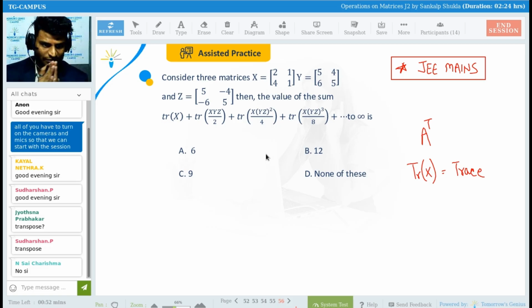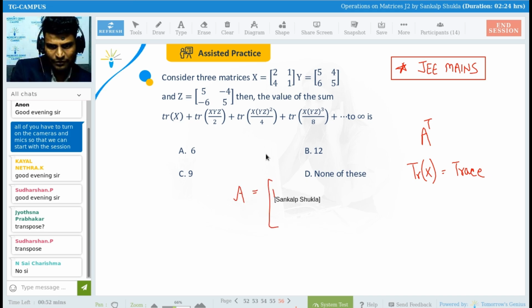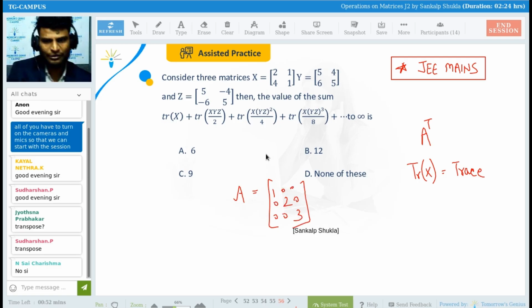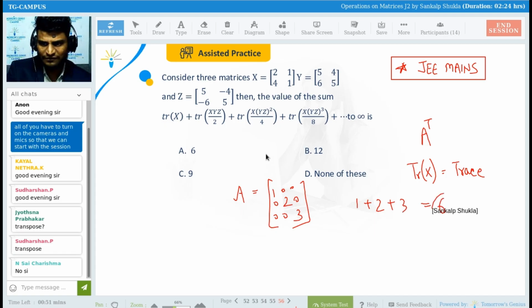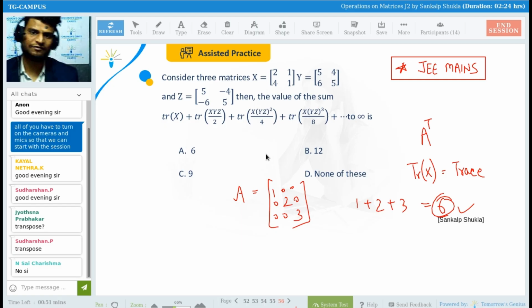Trace is the sum of diagonal elements. If you have a matrix like 1 2 3 on the diagonal and 0 elsewhere, you just have to take the diagonal sum. What are the elements in the diagonal? 1, 2 and 3, just add them. So 3 plus 2 plus 1 is 6. This is known as the trace of a matrix.